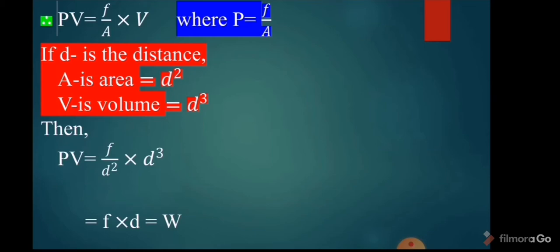D square from the left side and D square from D cube get cancelled. Therefore, PV is equal to F into D. We know that W is equal to F into D. Therefore, PV is equal to W.